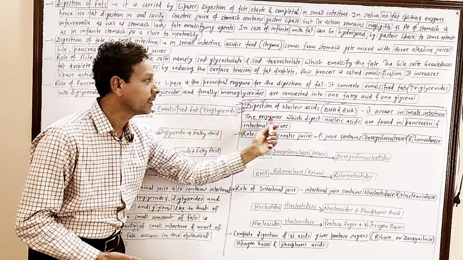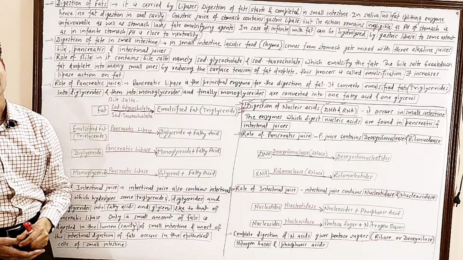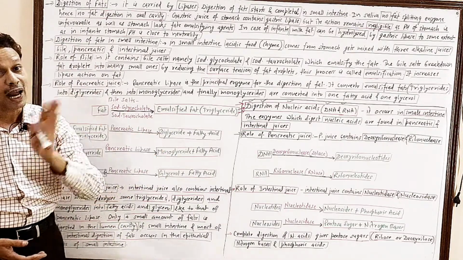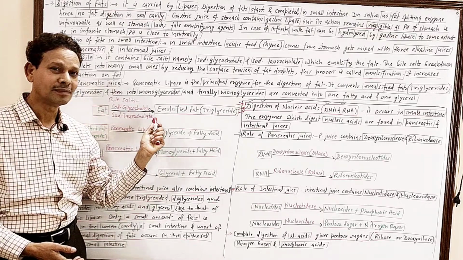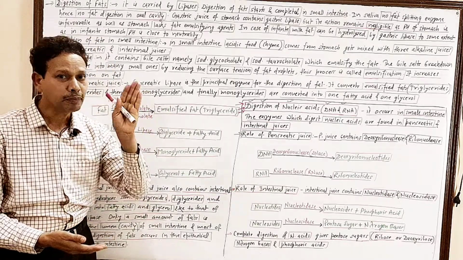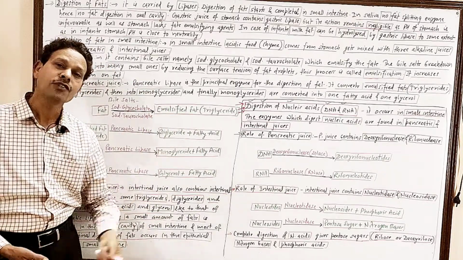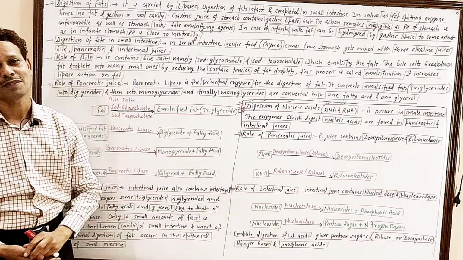And this pancreatic lipase always acts on emulsified fat, meaning on triglycerides. This pancreatic lipase, which is the principal enzyme for the digestion of fats, acts in 3 steps.